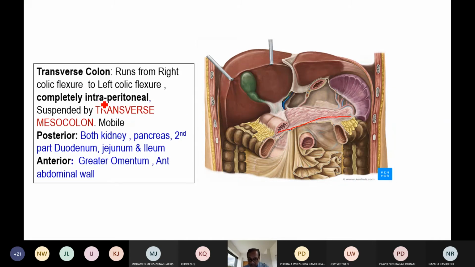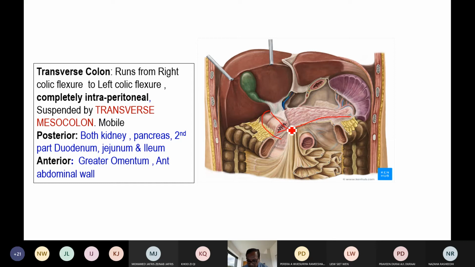If we look at the transverse colon, it is completely intraperitoneal. That means the mesocolon is completely covering it. So the structures behind are the right kidney here and the left kidney here. And then a very important structure is the transverse mesocolon, the pancreas, and when the pancreatic head is here, the second part of the duodenum.